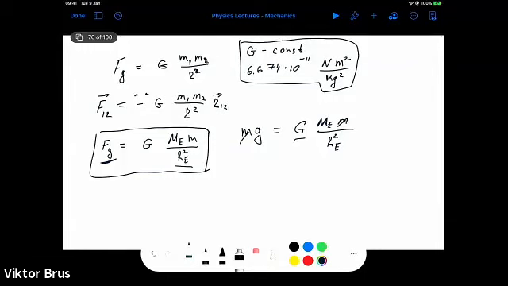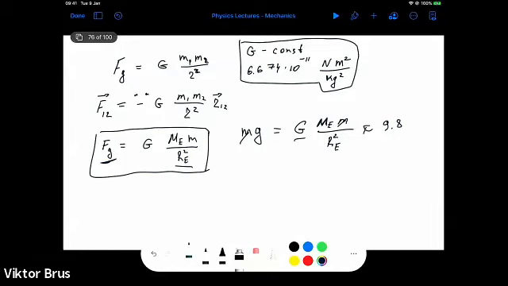So that is the origin of this free fall acceleration. If you substitute here the values for the mass of the Earth and the radius of the Earth, taking into account the value of the gravitational constant, you will end up with the well-known value of 9.8.